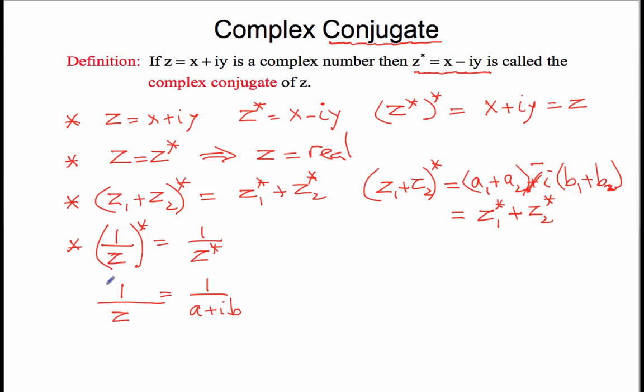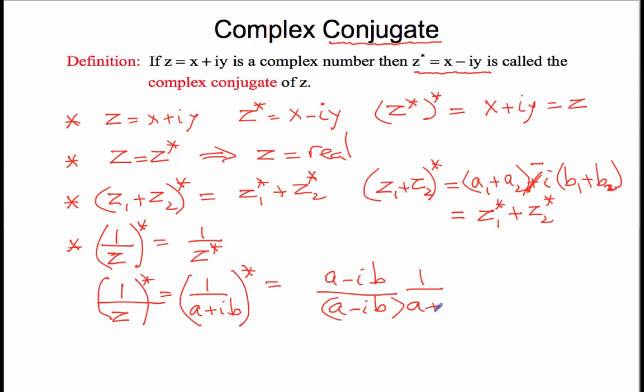And now if I take the complex conjugate of this, I write this as a minus ib, and I divide by a minus ib as well, of this thing a plus ib, and I take the complex conjugate of that.